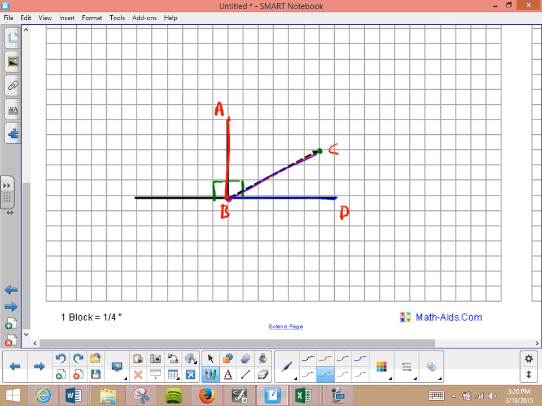So, if the whole line at the bottom is 180, and we're only focusing on half of it, then what are the degrees of this one side? 90 degrees, right? Now, using the same situation as the other one, what can you say about angle A, B, C, and angle C, B, D?